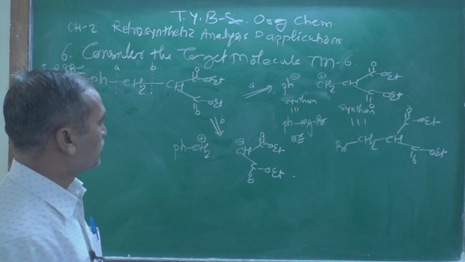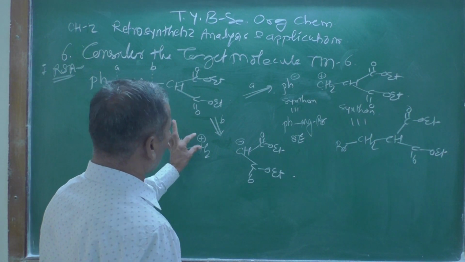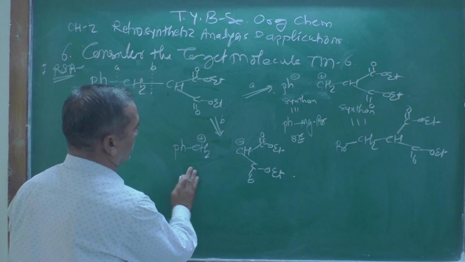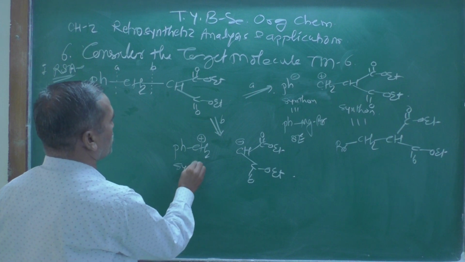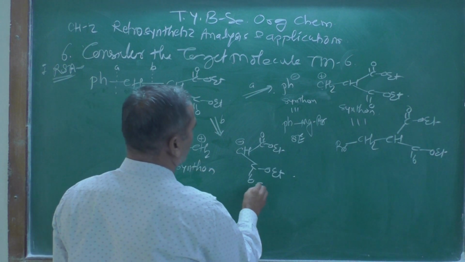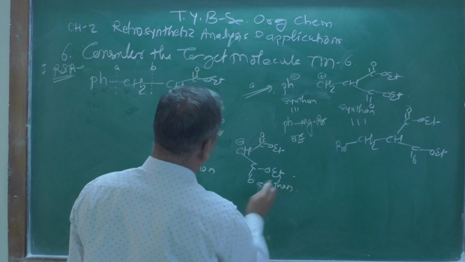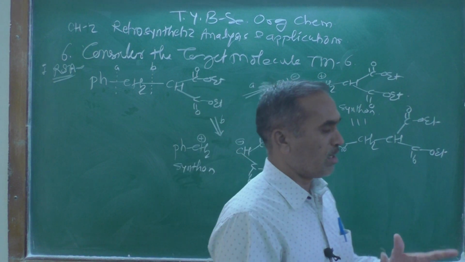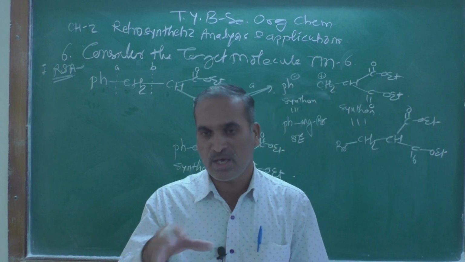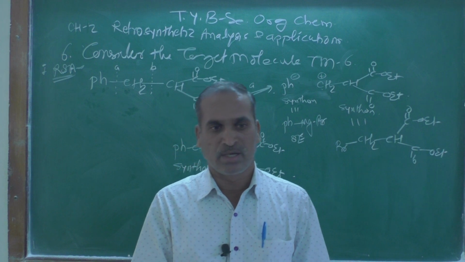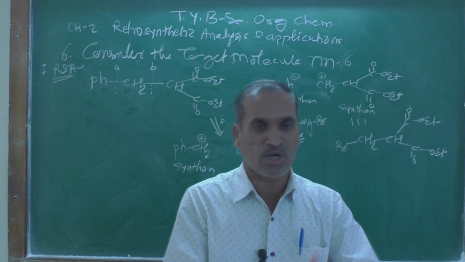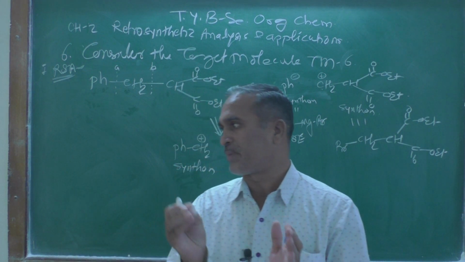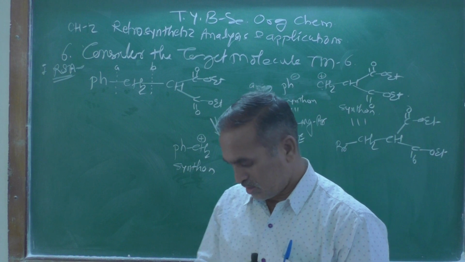The better way to represent it is to place the positive charge here and the negative charge here, and then what we got are the synthons, right? Synthons are associated with polarities. After the breaking of that bond, whatever positive and negative species are obtained are known as synthons.